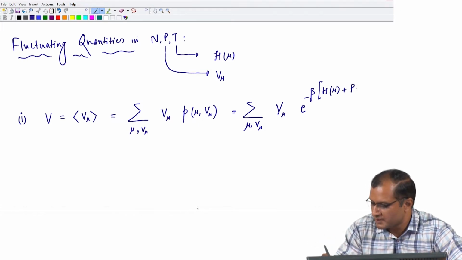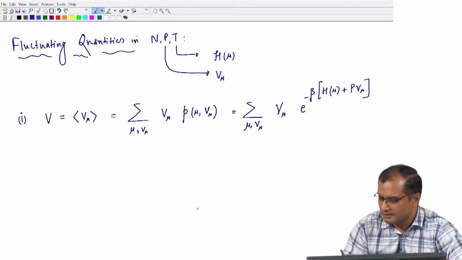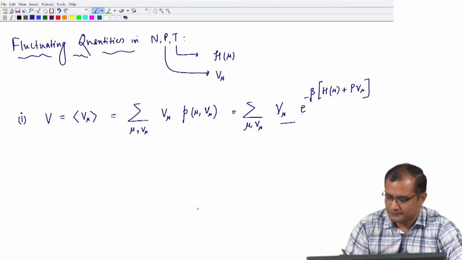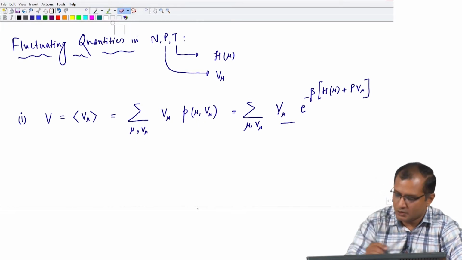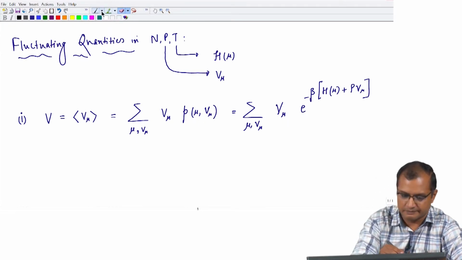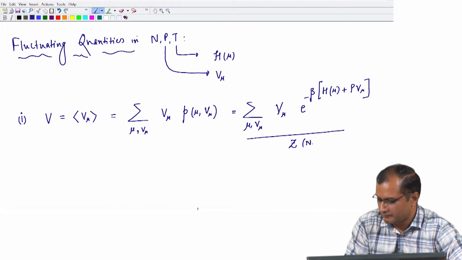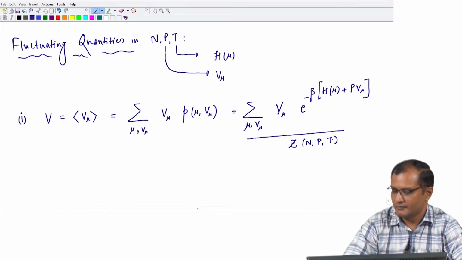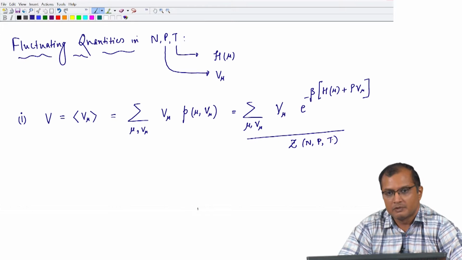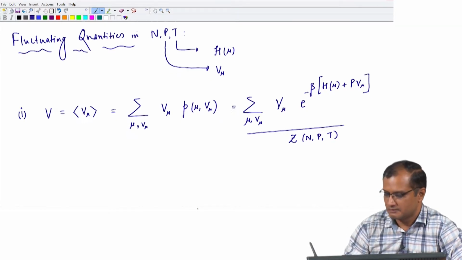So, H mu plus P V mu, this is the total enthalpy energy scale over your Gibbs canonical partition function, which is nothing but summation over all probabilities, so that this is normalized.